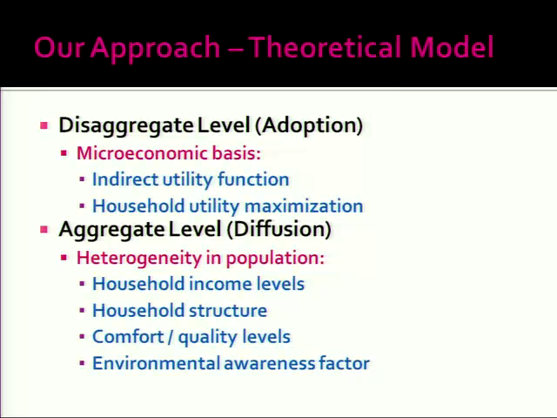So if you were a family with children, the comfort level of a two-seater to you would be essentially 0 or close to 0 because you can't take your family in it. So we wanted to have varying levels of comfort, or what we call quality, for each household for different types of cars.